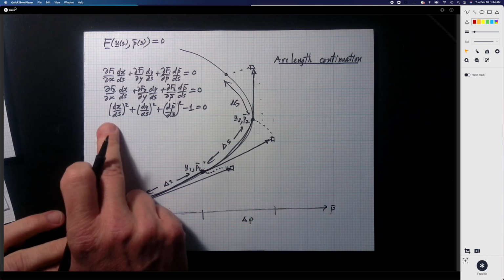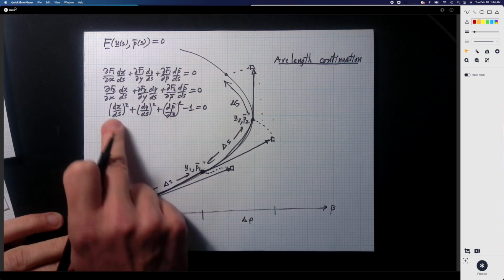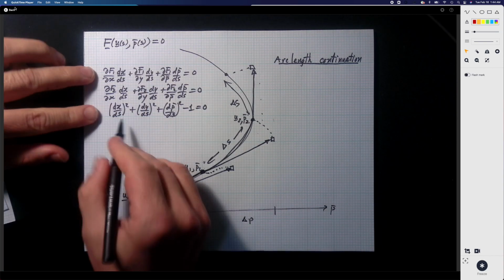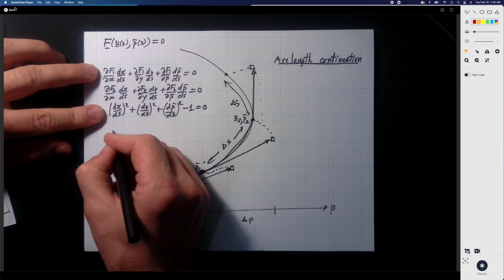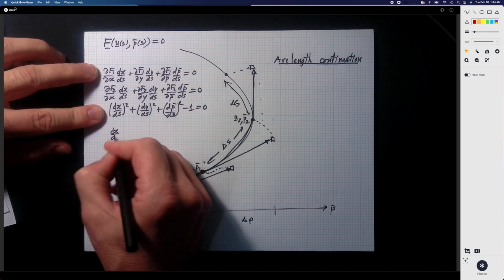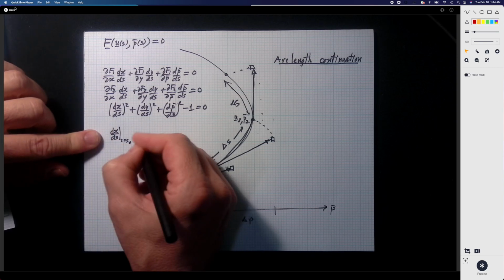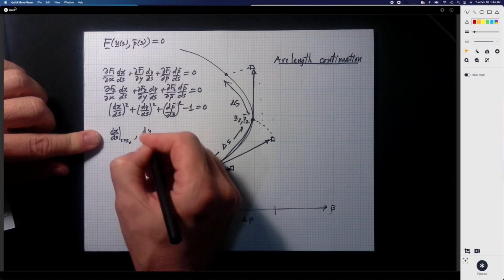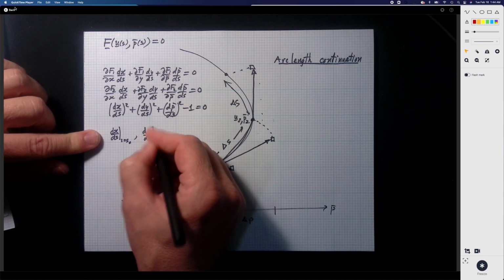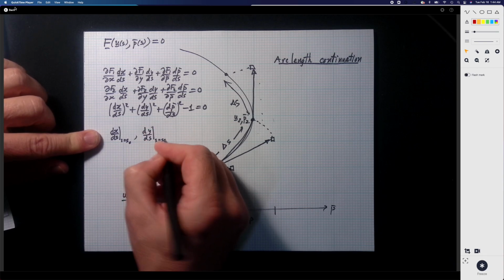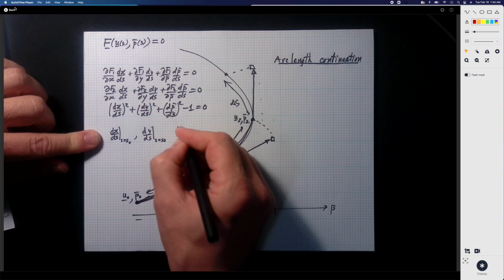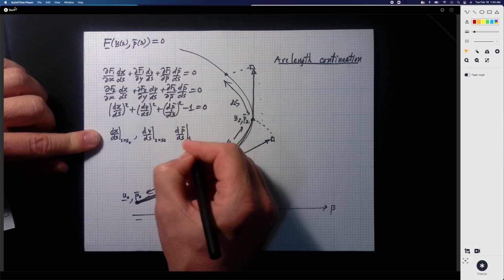And in practice, actually, we will use this to compute these. This system here can define what we're calling dx ds at s equals s naught, dy ds at s equals s naught, and dp bar ds at s equals s naught.